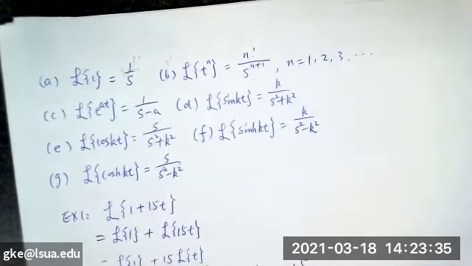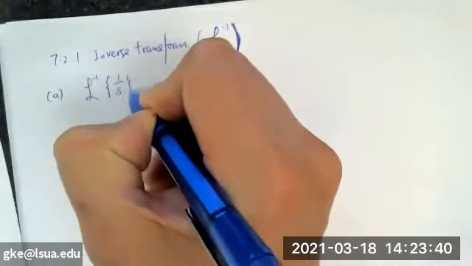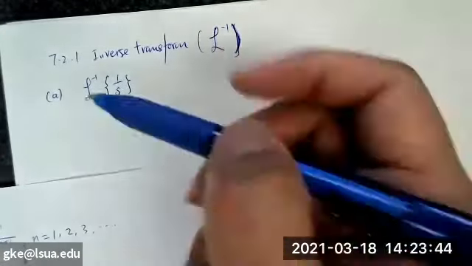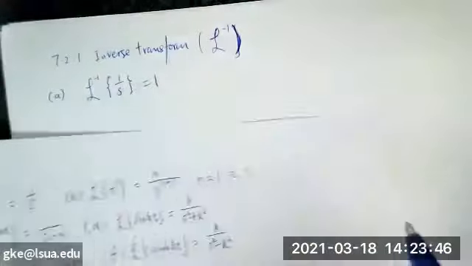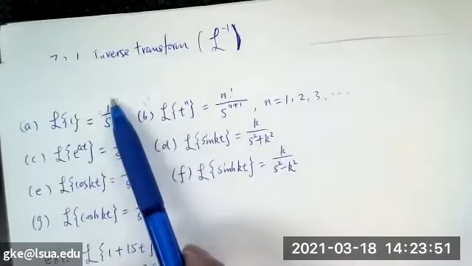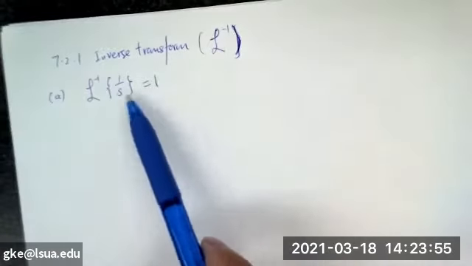The inverse transform is gonna be what? Reverse. The inverse transform of 1 over s equals 1. Here from 1 to 1 over s. Now the inverse is gonna be from 1 over s to 1.